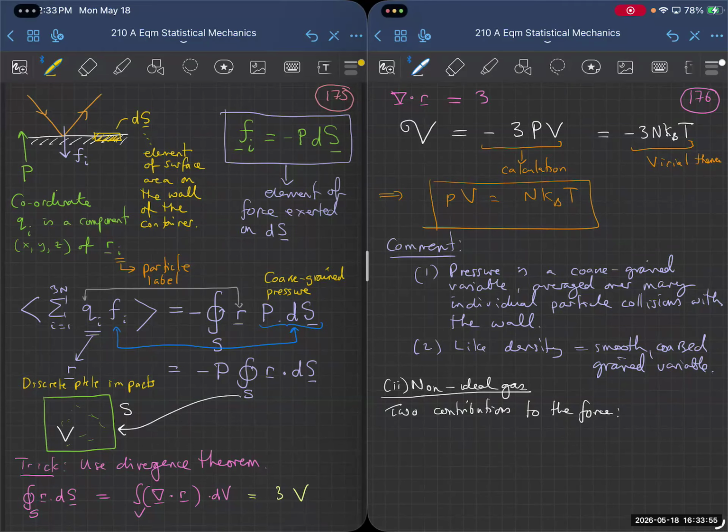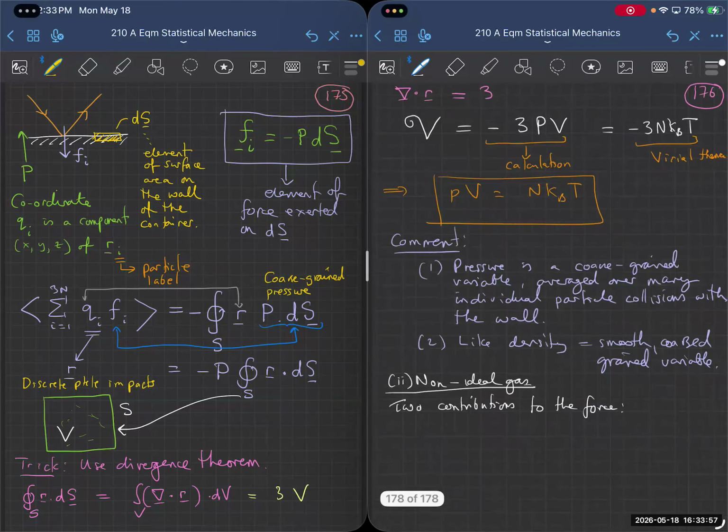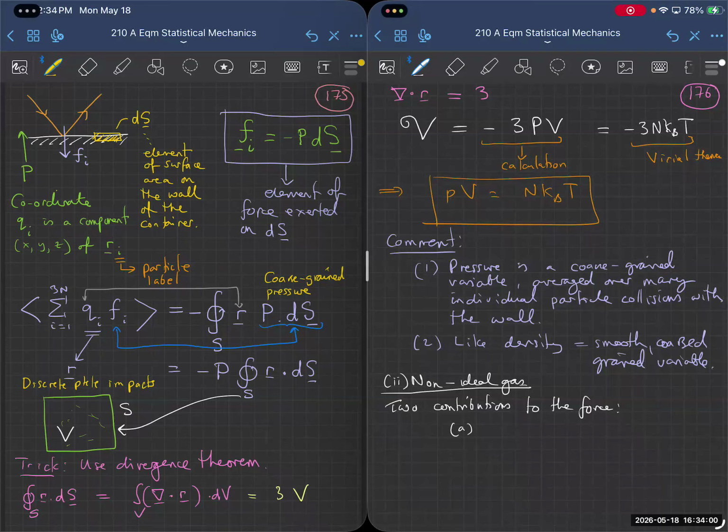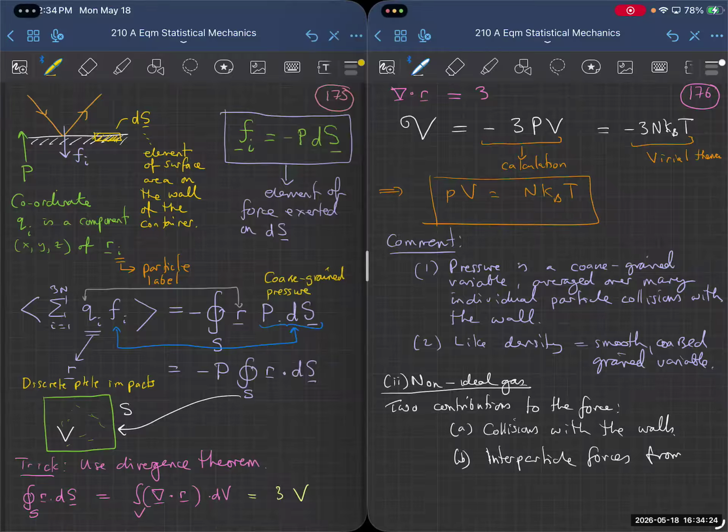So one contribution is going to be the wall, the collisions with the walls. But the second one is the interparticle forces from the two-body interactions between the particles.